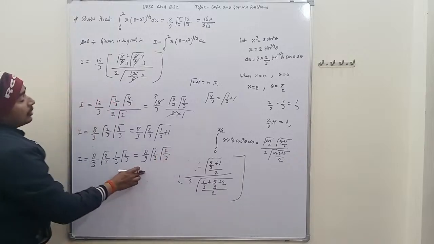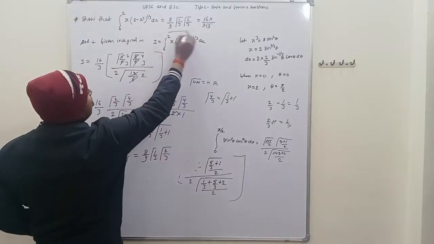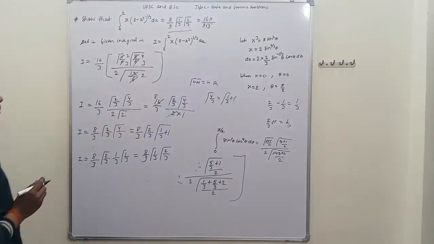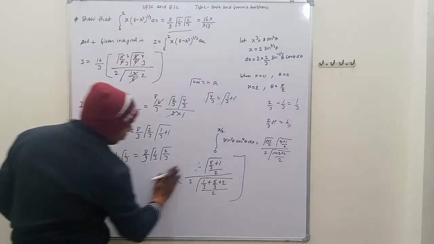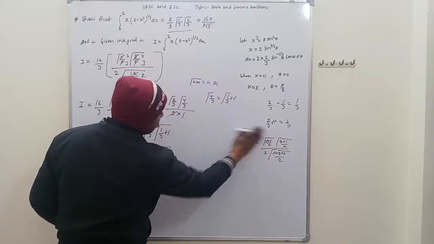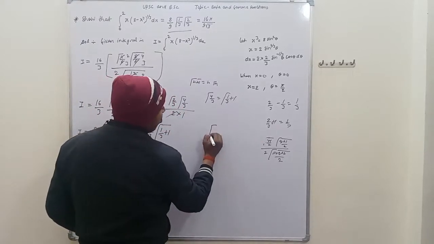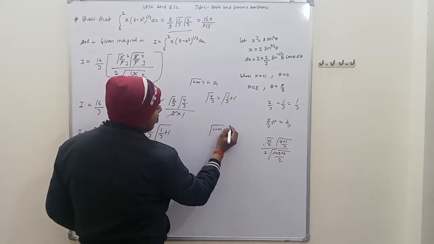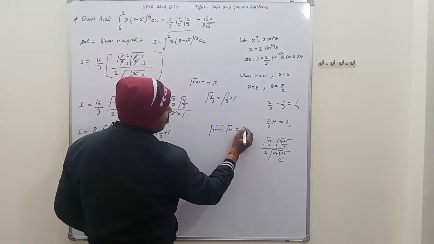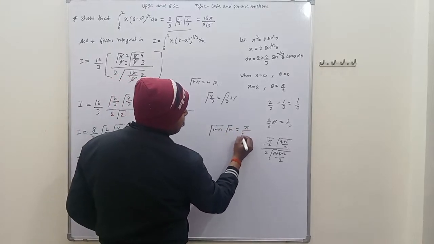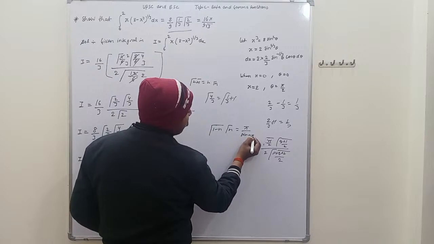We have to prove the first part, and we have to further prove 16 pi upon 9 root 3. So using another formula, this is given by gamma of 1 minus n, and gamma n is equal to pi upon sine n pi.